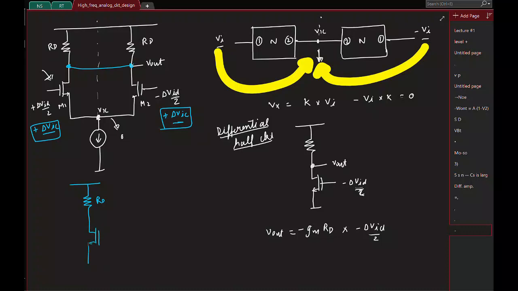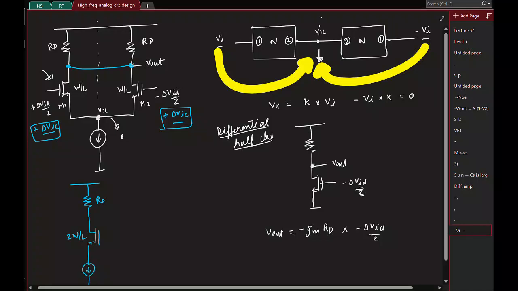If the individual transistors had an aspect ratio W by L, what will be the aspect ratio for this one? Twice. And then you have the current source here. This is delta VIC and this is V. And this guy is called the common mode half circuit.